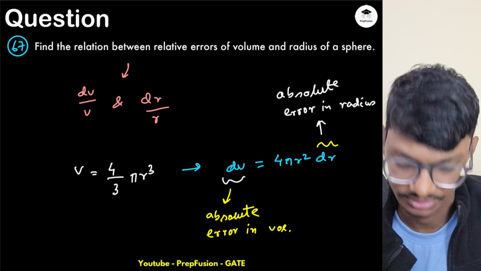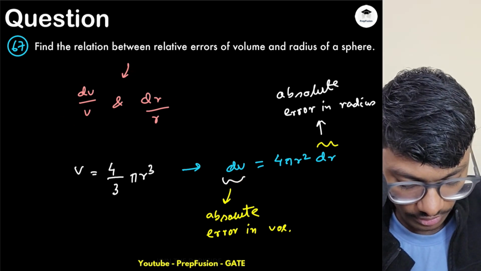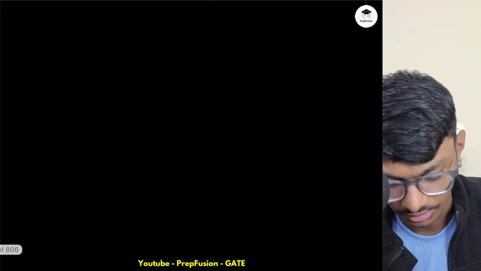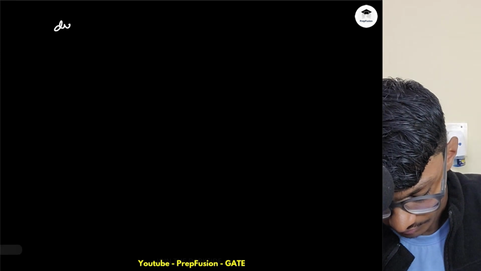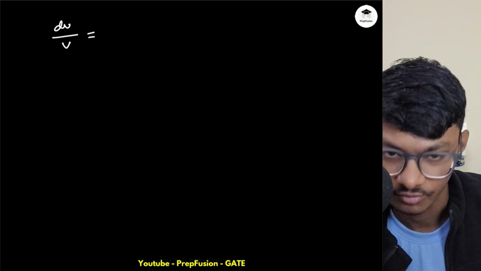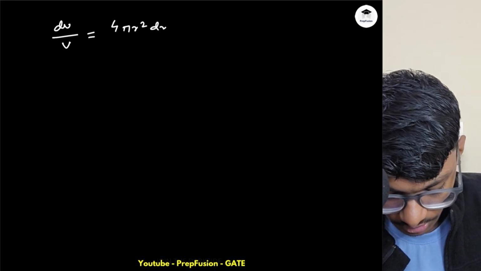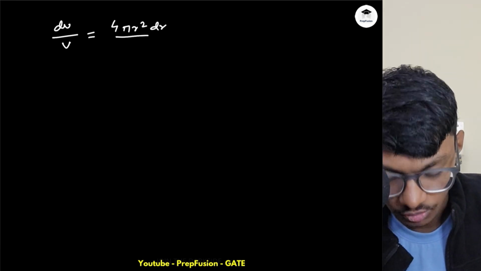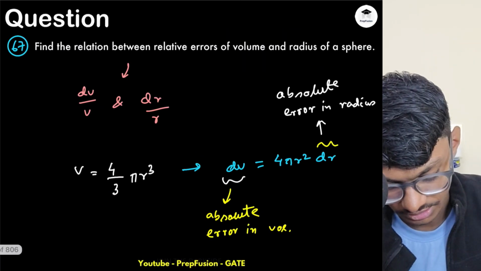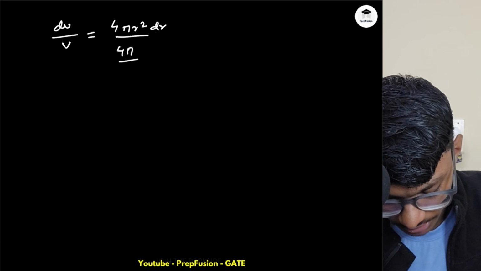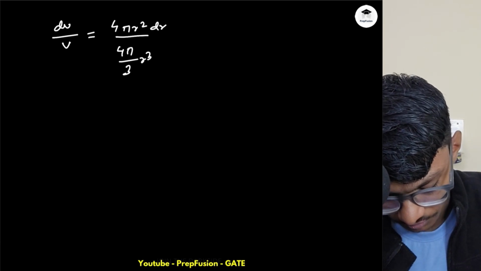They have asked us to find this, so I have to divide by volume. If I divide by volume, delta v upon v on both sides, the right side will still have 4 pi r square delta r. Now I'll smartly replace v with this equation, 4 pi upon 3 into r cube.